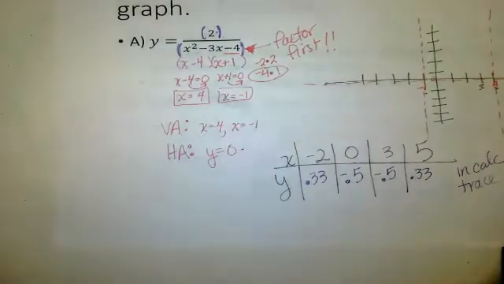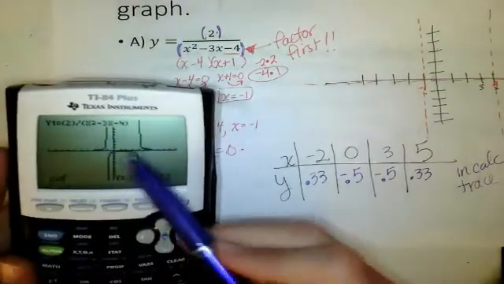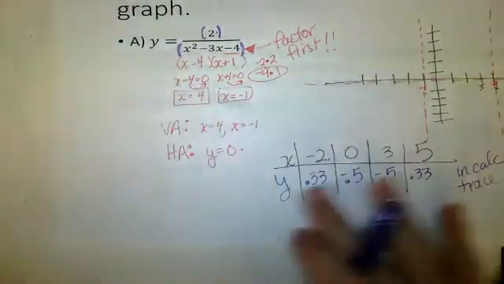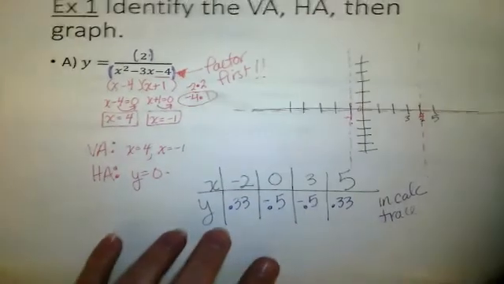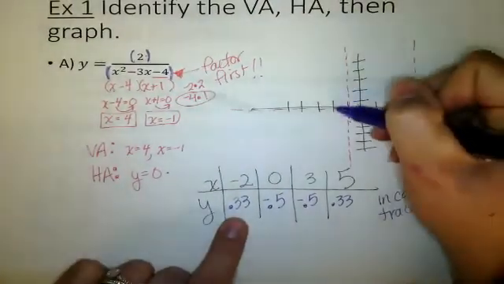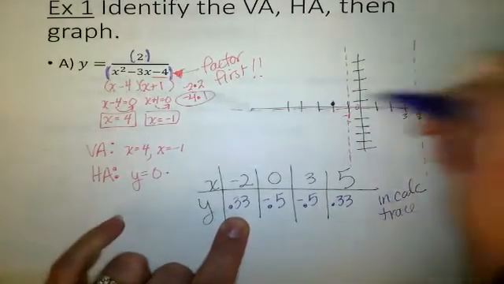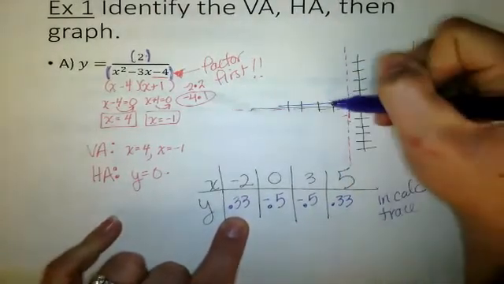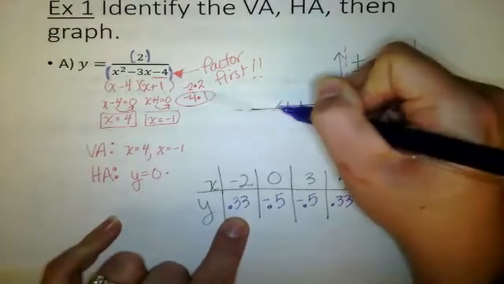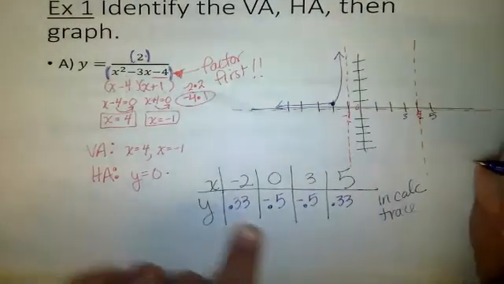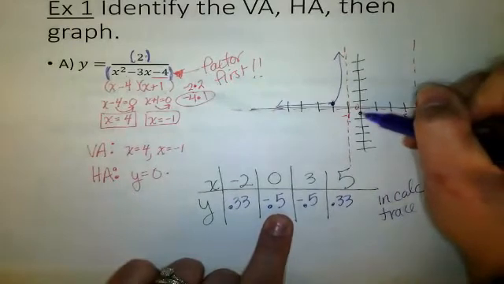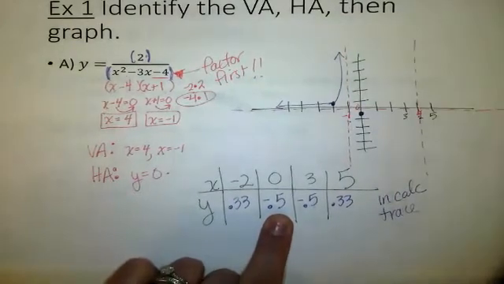So now that I know those ordered pairs and I know what the shape should look like, I can mimic that here on my graph. -2, 0.33 is just a tiny bit above, and I can then draw my L-shaped hyperbola through that point. 0, -0.5 is just a tiny bit below 0.